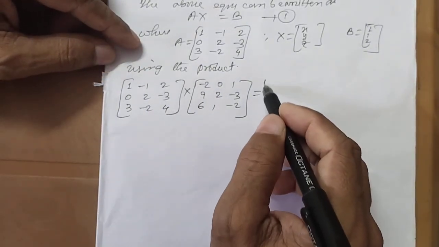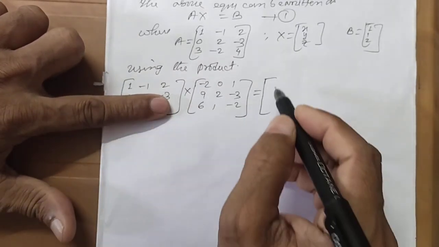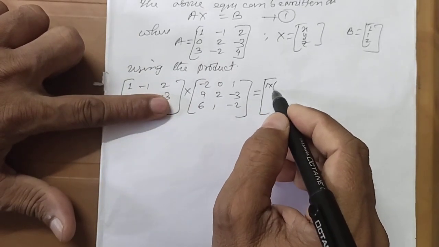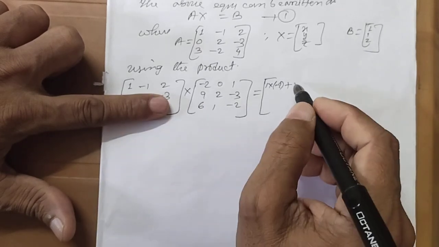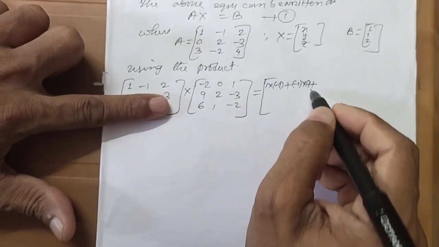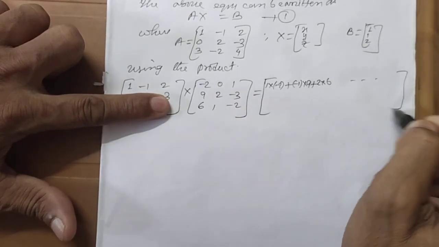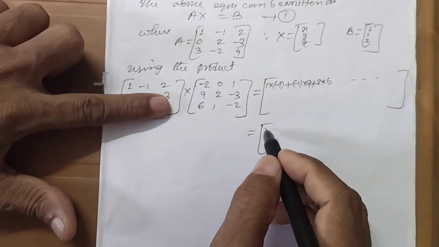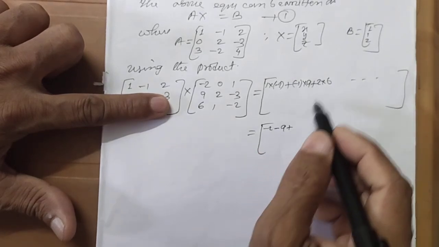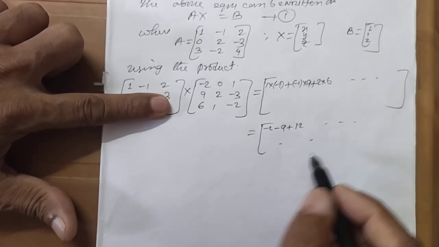Now we know how to find the product using the row-column method. First row, first column: first into first, plus minus 1 into 9, and third, 2 into 6. Then you can find the product. If we simplify, we get minus 2, minus 9, plus 12, and you can find the other elements.